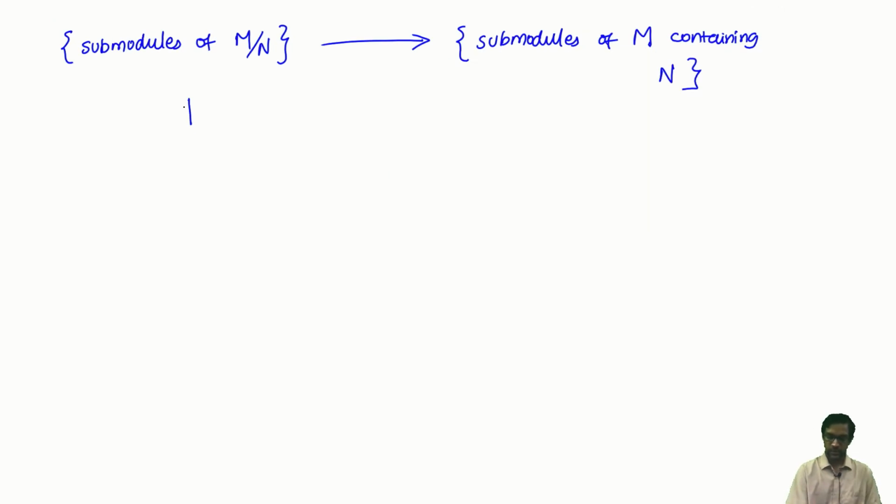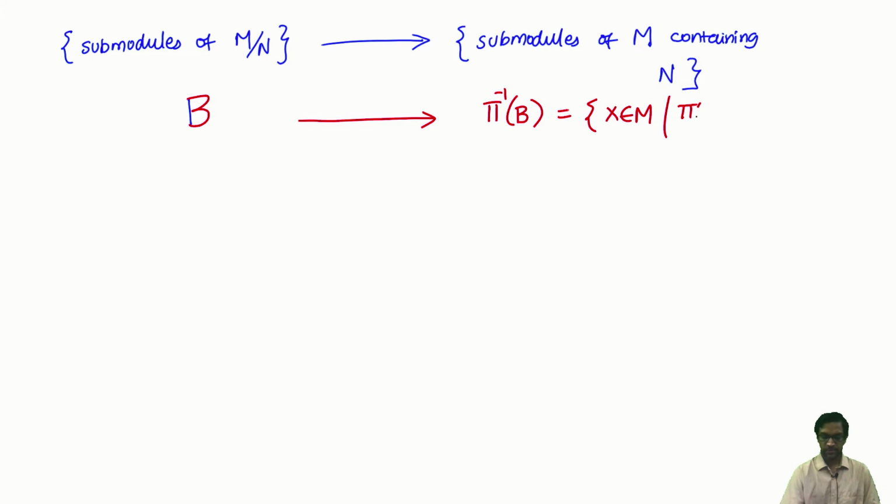So to each B, let's associate, if this is my B, then to B I associate its inverse image under the projection map, by which I mean take all elements of M such that pi of x belongs to B. It's easy to check that this is a submodule of M, and it contains N necessarily, because B is a submodule of M mod N, so B must have the 0 element of M mod N. So the first observation to make here is that this map is well defined.